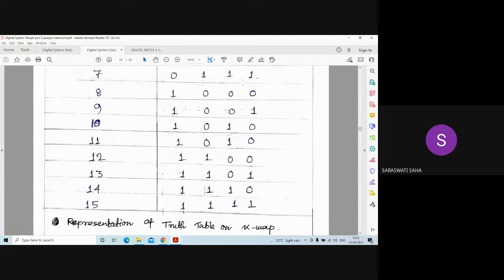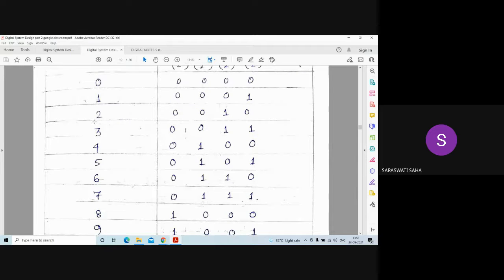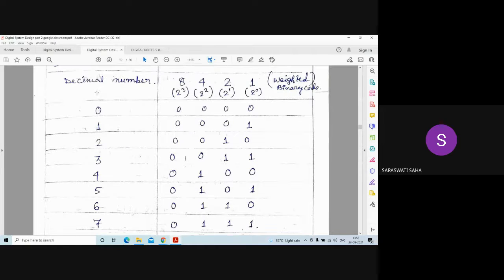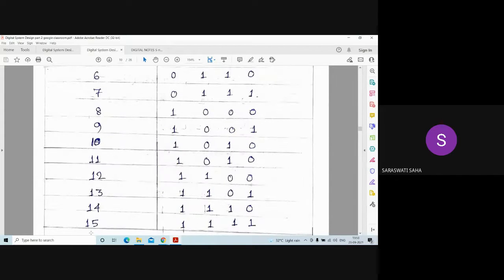for 4-bit representation. Using these 4 bits, when all the bits are 1, the decimal value will be 15. So this is the binary representation of the decimal value. Decimal 0 in 4-bit binary form is obviously 0000, and 15 is the maximum value when all the bits are 1.